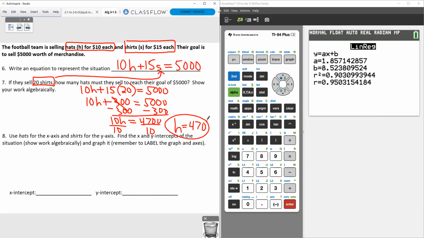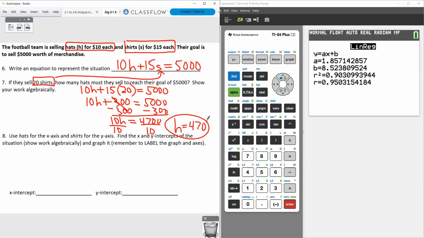Now, one word of warning. You might get an answer that is a decimal answer. Sometimes you have to round your answer up. Sometimes you have to round your answer down. You have to be very careful about the wording of the question, whether you round your answer up or round your answer down. In this particular one, it came out to be a nice, neat whole number, so we didn't have to round it at all.